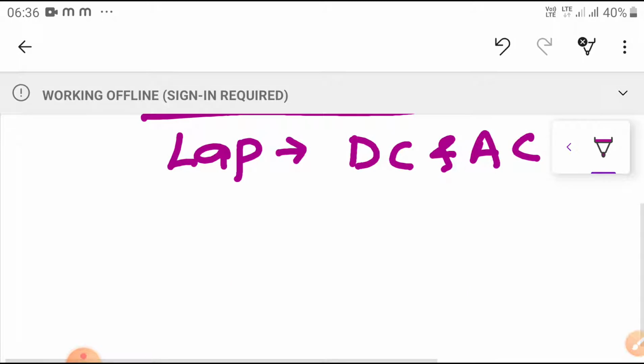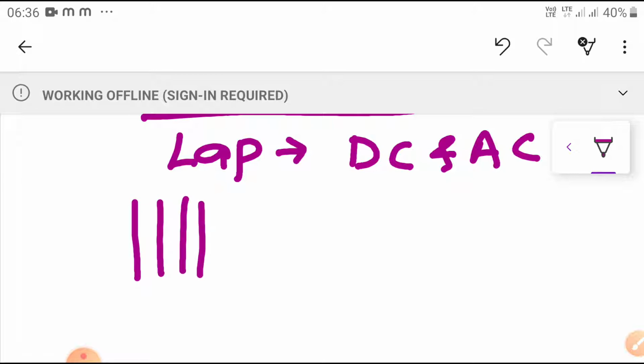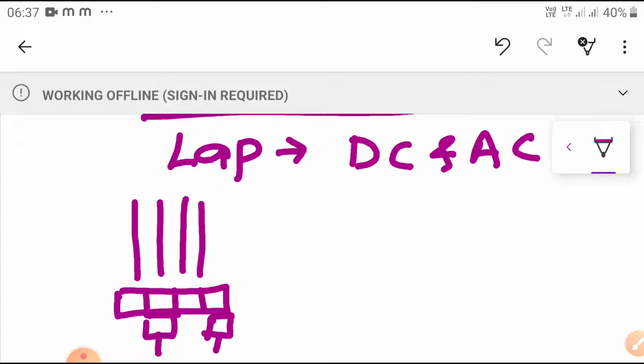In DC machines we discussed a winding diagram. In addition to this, we require some commutator segment connections. At the same time, we are required to place the brush positions. These are some steps involved in a DC.